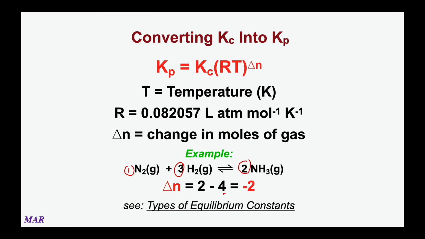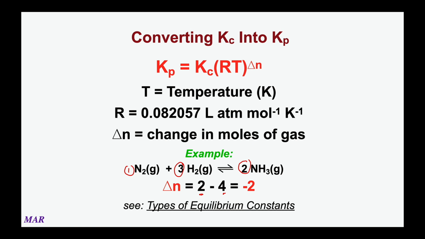So you can see that delta N in this case is -2. Delta N's can be positive numbers, they can be negative numbers. Once in a while there's 0 if you don't have any change in moles of gas. There's all different kinds of possibilities here.